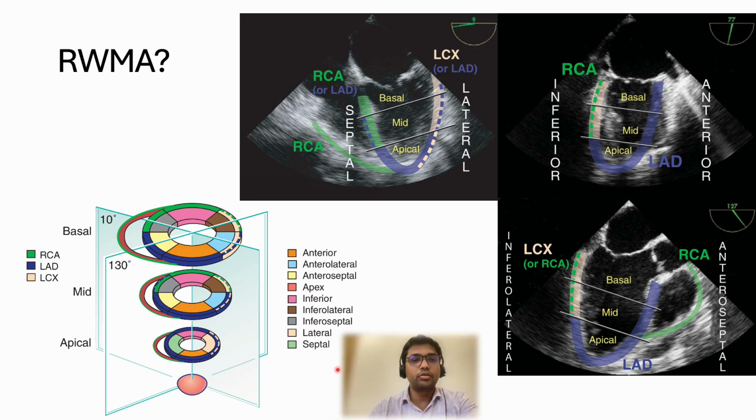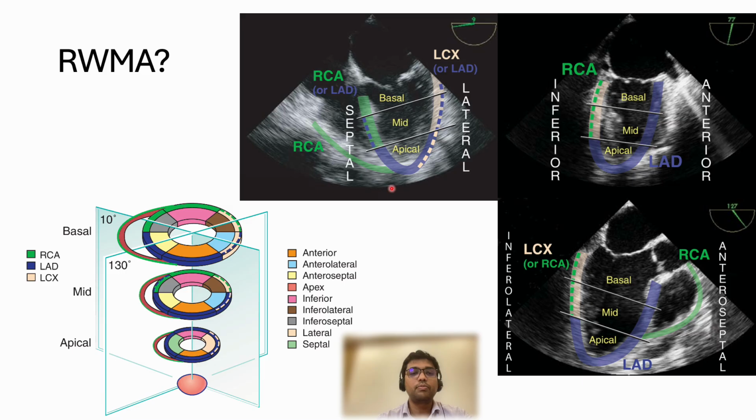Now, to determine the regional wall motion abnormality of the LV wall relative to the coronary artery distribution: in a four chamber view, the lateral wall is mostly supplied by your LAD and LCX. This blue marker is for your LAD, the peach color is for your LCX, and the green color is for your RCA.